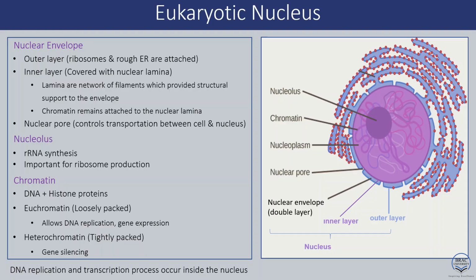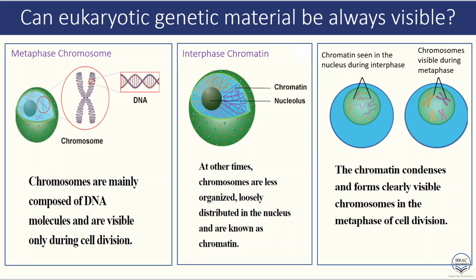So going to the next slide. We are all familiar with this shape of the chromosome, this X shape. That can only be visible in metaphase, when the chromosomes line up in the metaphase plate. This structure is highly condensed, but usually, when the cell is not under cell division, that means in the growing phase or resting phase, the chromosome is not visible.